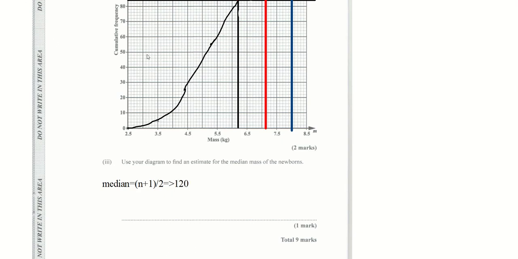In this case it is 120 plus 1 over 2, so the median is 121 over 2, which is equal to 60.5.